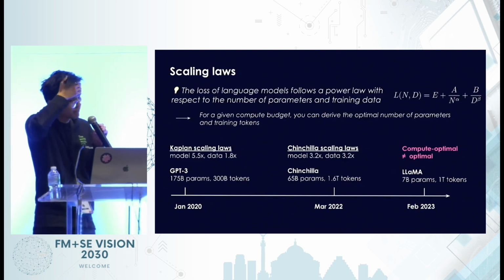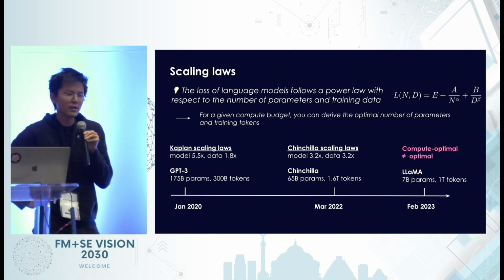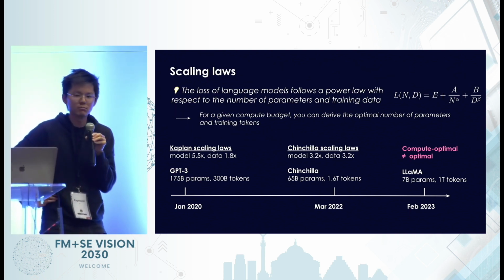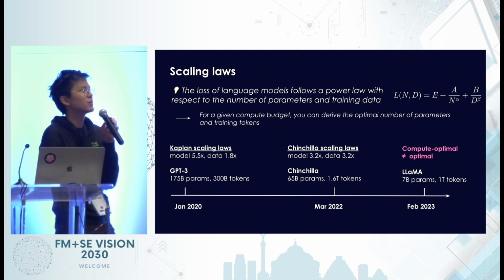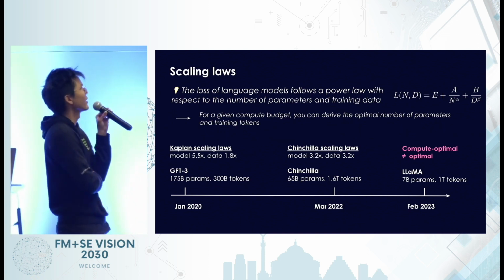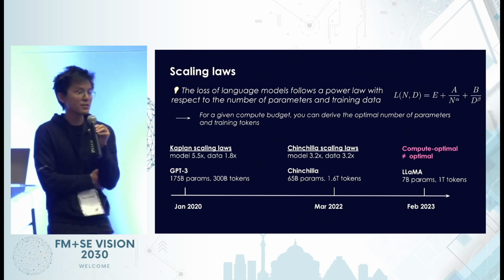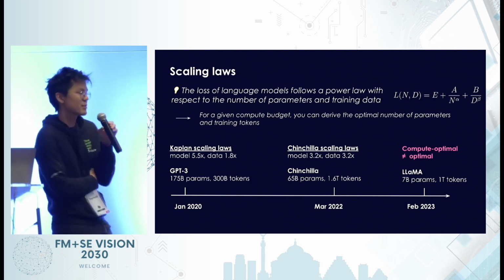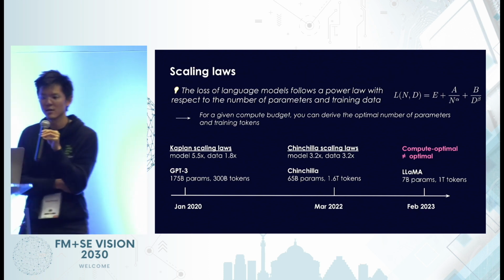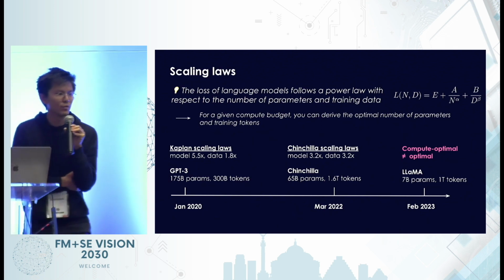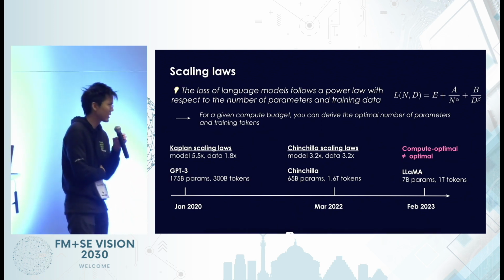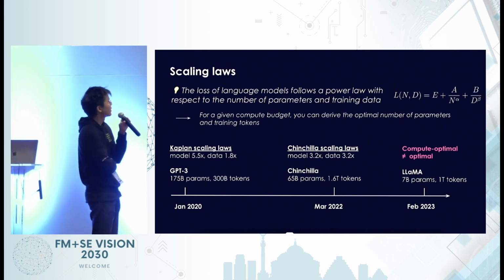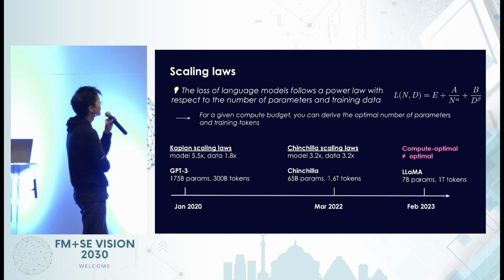So now about the model architecture. One of the important choices you make when you train language models is the size of the model and the size of the training data set on which you want to train. One of the very useful tools to help you make a decision on that are scaling laws.